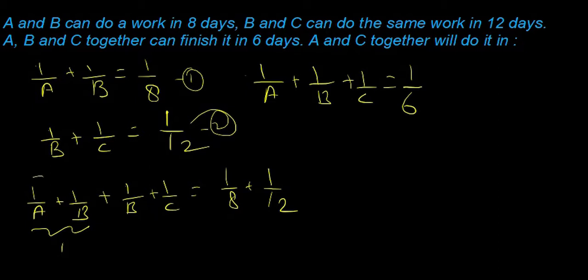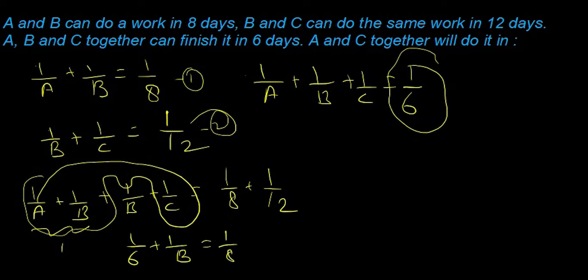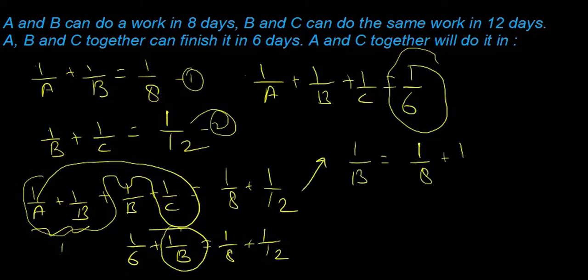As you know what 1/A plus 1/B plus 1/C is, you can directly put the value of 1/6. So 1/6 plus 1/B is equal to 1/8 plus 1/12. By that you can find the value of 1/B. 1/B is going to be 1/8 plus 1/12 minus 1/6.